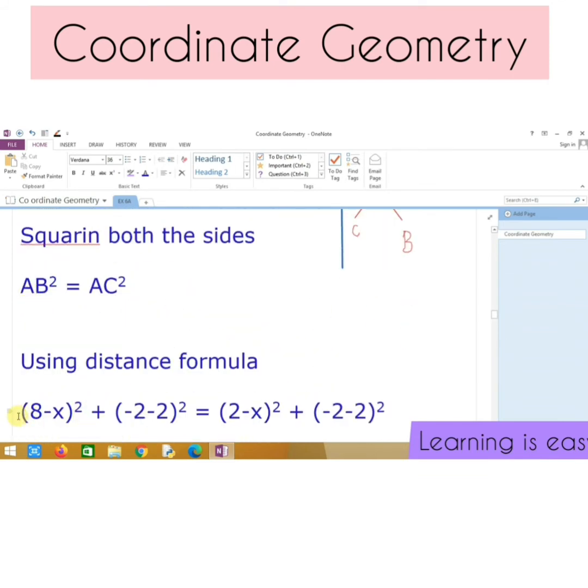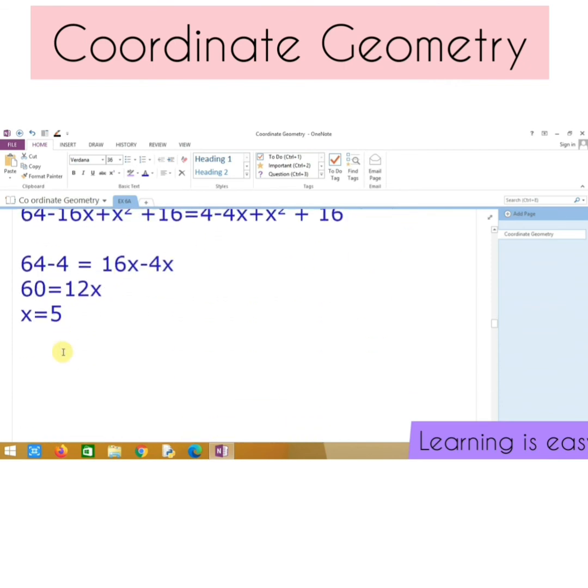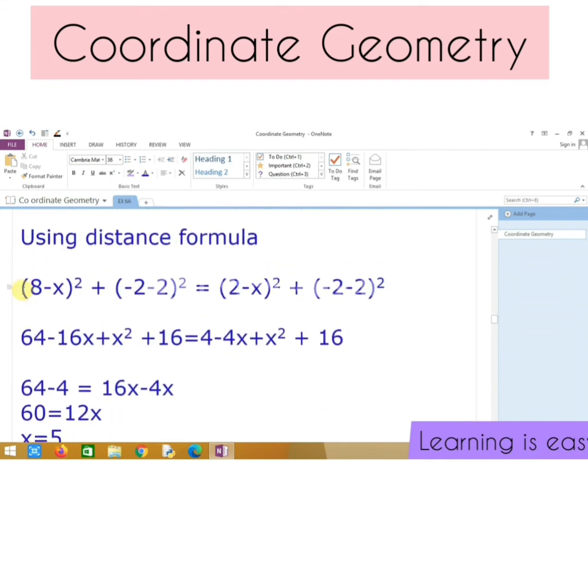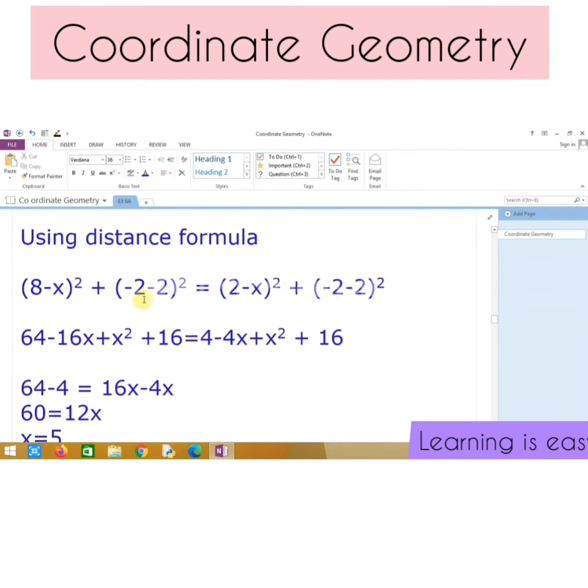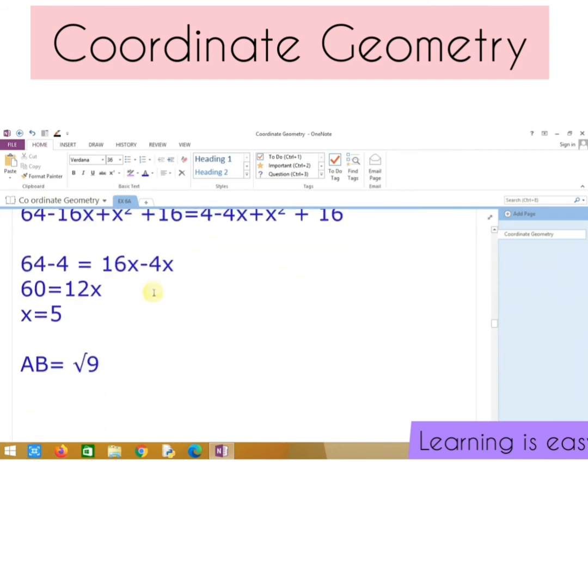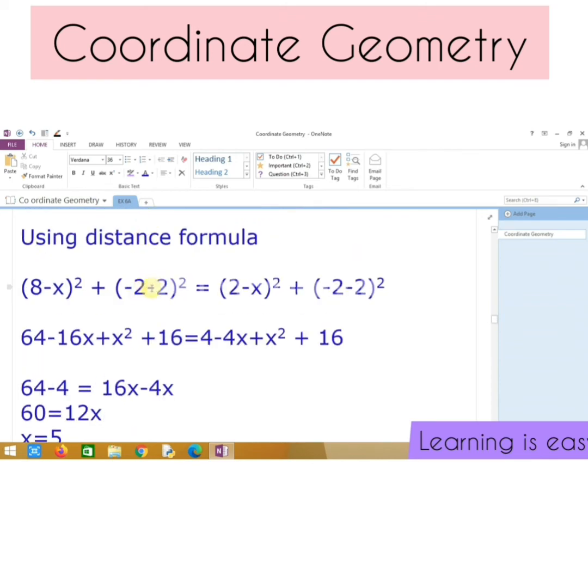So we begin by approaching this by looking at the equidistant condition and then by applying the distance formula. So now we can apply it to get the length of AB. So (8 minus 5) whole square, that's 3 square, so 9, plus 16.